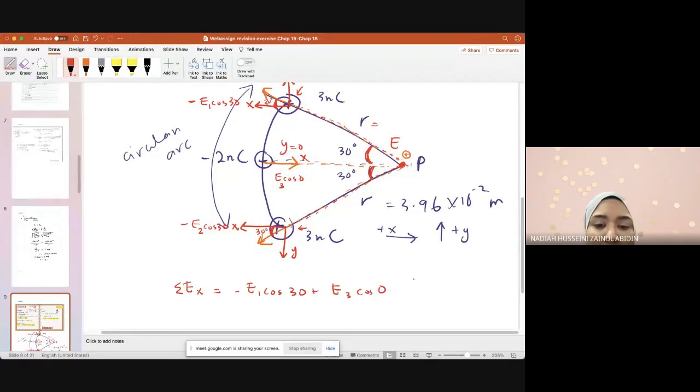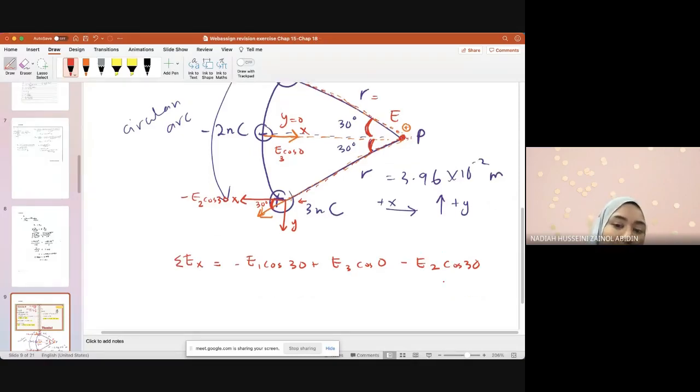You don't have to put the cosine 0, you can just put E3, and then minus E2 cosine 30. Okay, so Danish dia shortcut lah sikit. Dia buat 2E cosine 30 sebab dia cakap E1 dengan E2 ni magnitude dia sama. So dia buat terus 2. Boleh juga. So E, macam nak cari? E is kQ over r squared minus, and then cosine 30. Our Q here, nanti kita akan substitute.